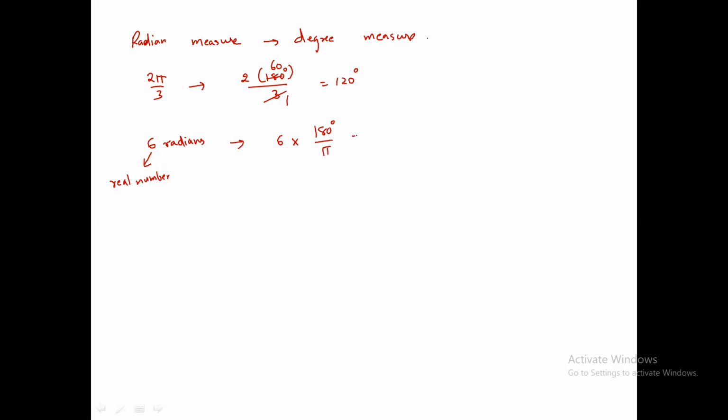Then 6 into 180 will be 1080. Then pi you have to write as, remember, pi another value is 22 by 7. Pi can be written as 22 by 7. So this will be 1080 into 7 by 22.